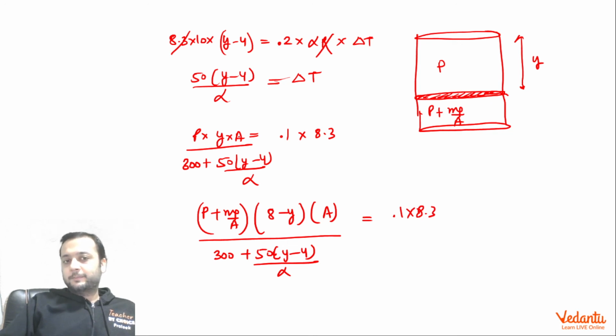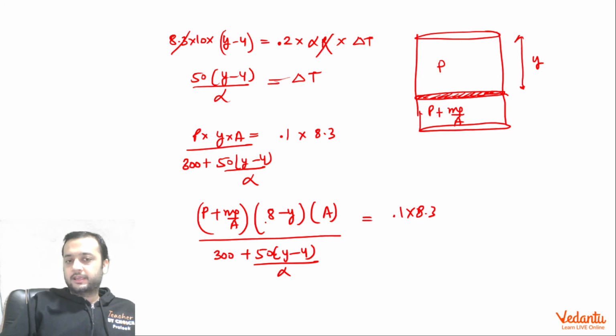Again, you can see that P into A is replaceable fully in terms of y. So if you put A here, the value of PA is computable from the top equation in terms of y, right?